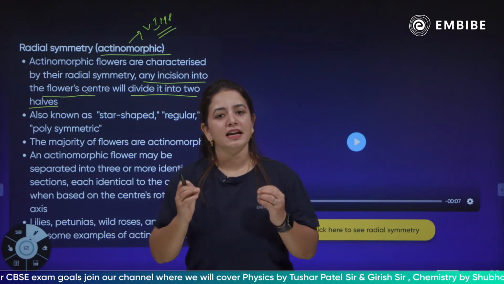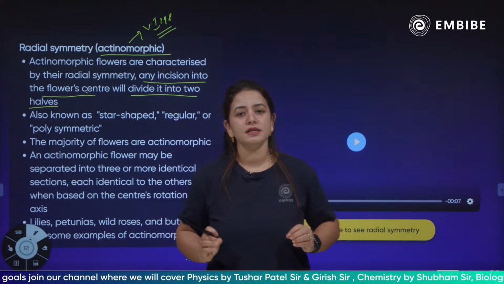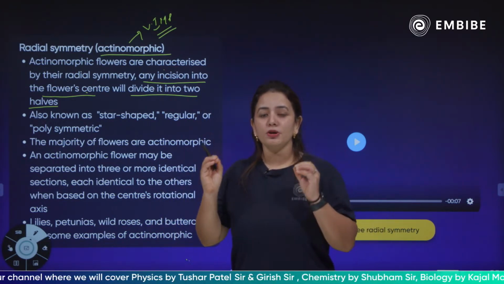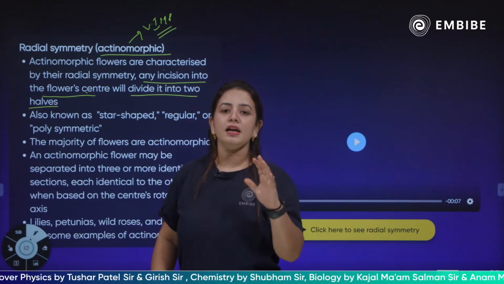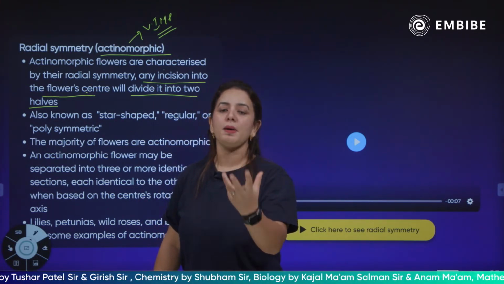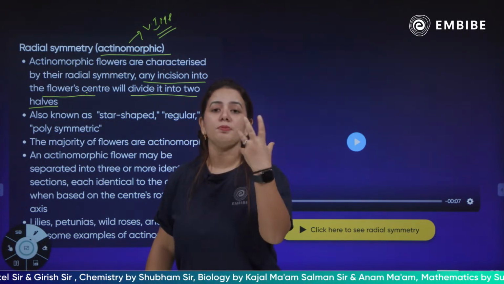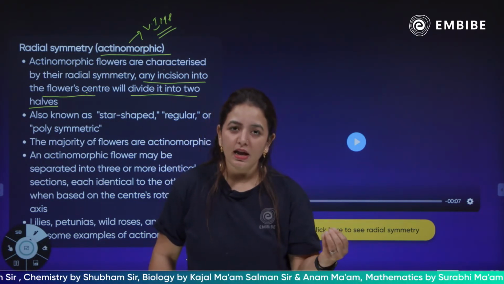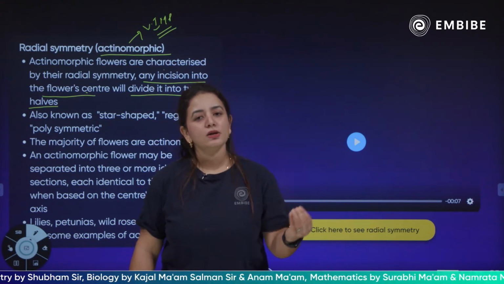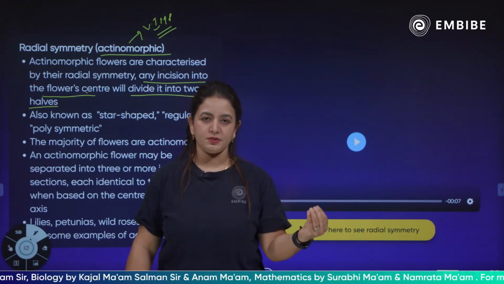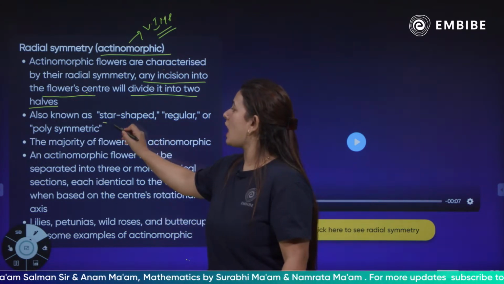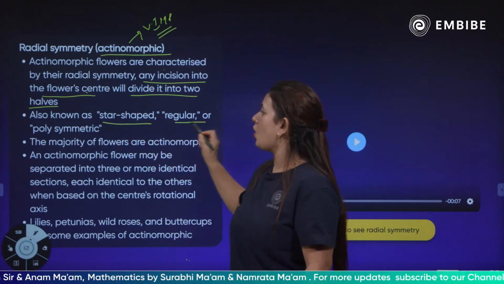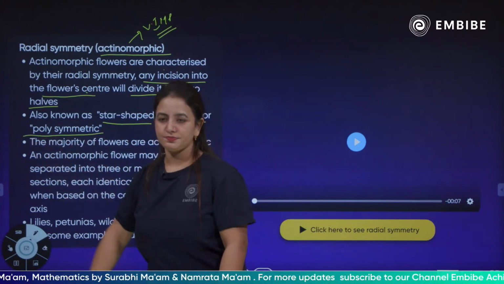That is radial symmetry, and such flowers are called actinomorphic flowers. They are also known as star-shaped, regular or polysymmetric.